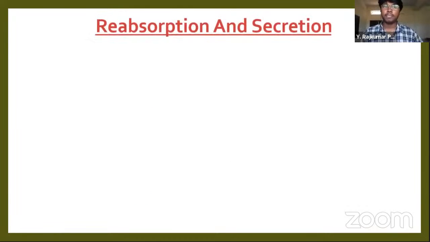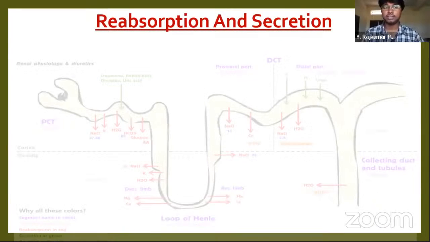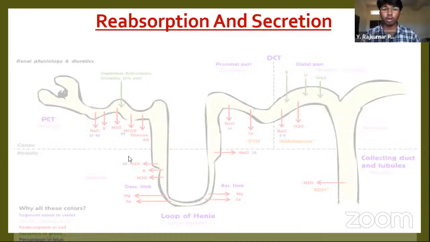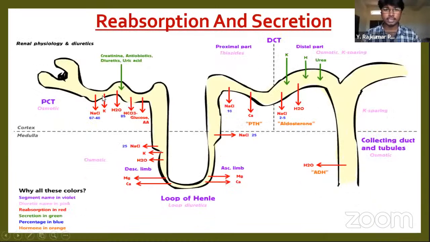Let's see further the reabsorption and secretion. This is the overall picture of reabsorption and secretion. You can see here the red colored substances are called reabsorbed substances. This is the part of PCT.